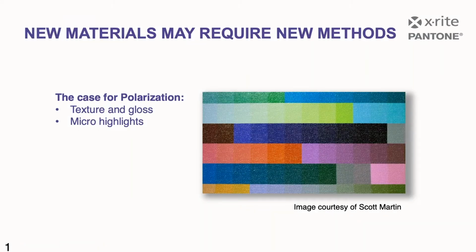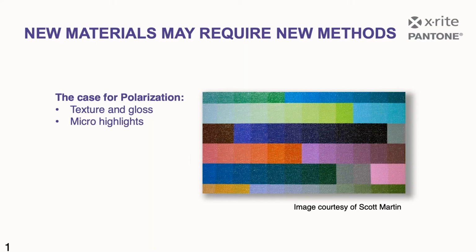Polarization. One of the cases here is where I said texture and gloss, but the real big one is micro highlights. So micro highlights come from texture and usually ink being applied on top of that.